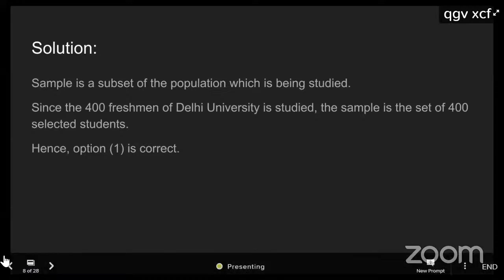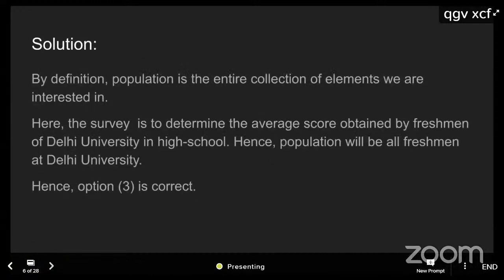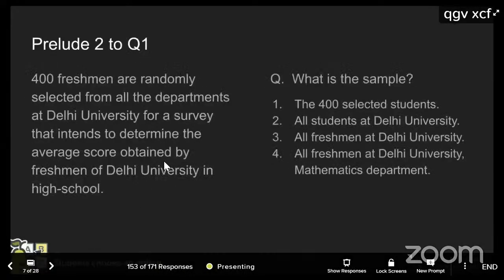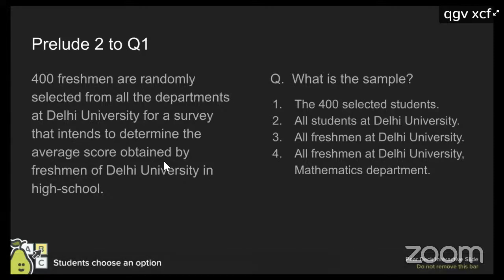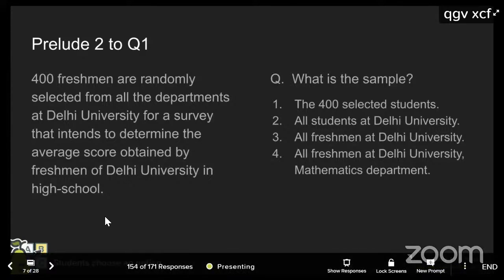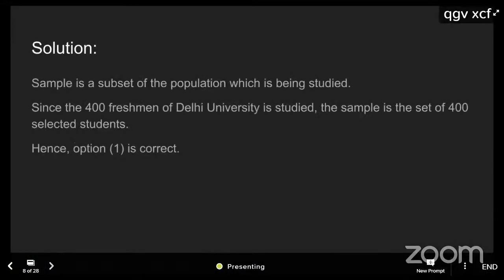The question clearly mentions that 400 freshmen are randomly selected from all the departments. So the sample will be this first option.